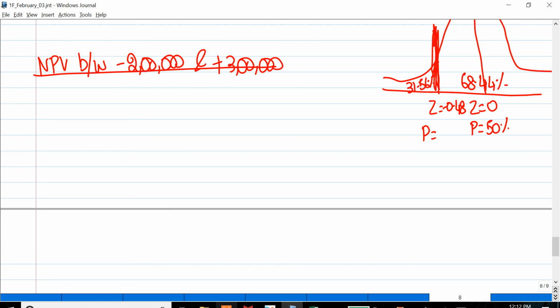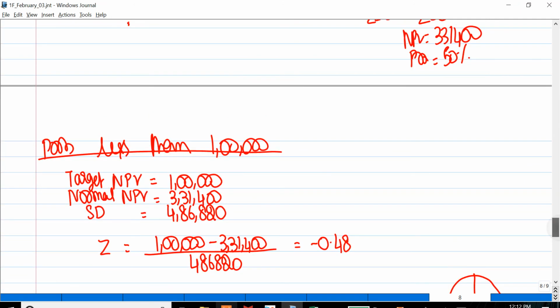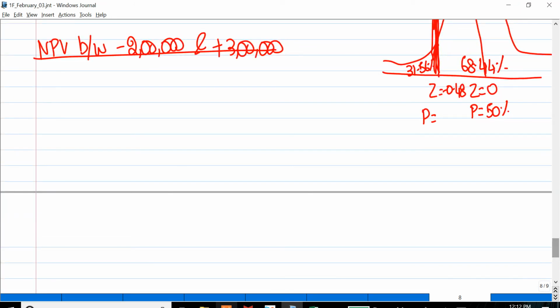First get me the Z value for minus 2 lakh, Z value for 3 lakhs, and let's write that first. Let's first get that and then we will see it. Minus 2 lakh is already done, no? Okay, no, we didn't do. Sorry. Let's do Z is equal to, target is minus 2 lakh.